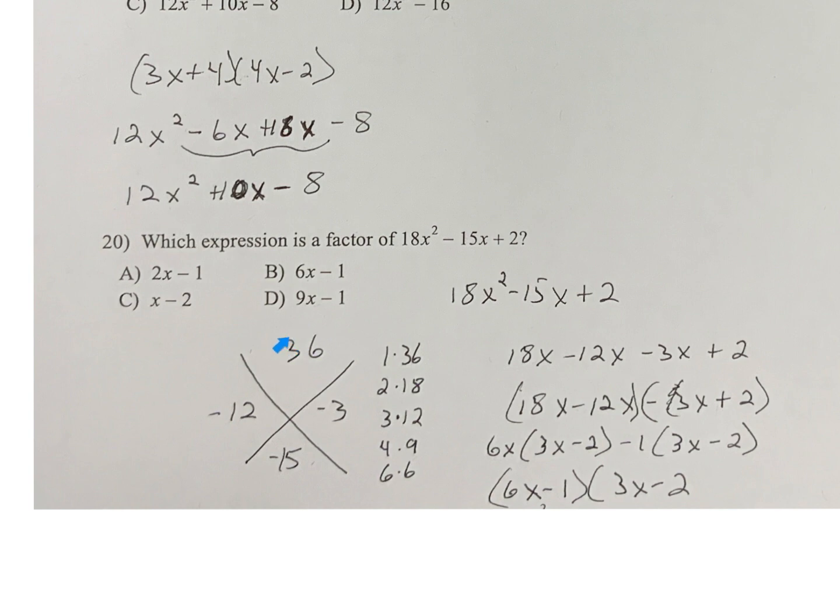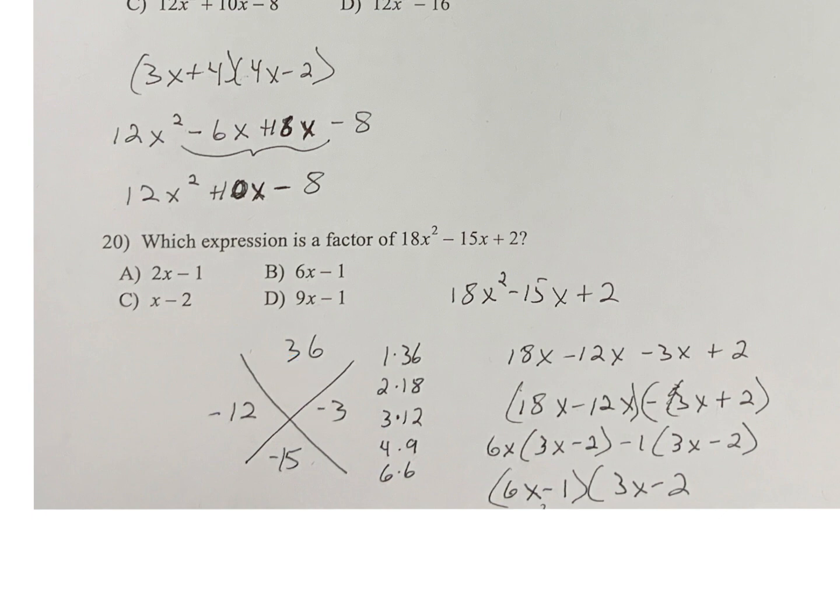So now we're finding the factors of 36 that equal negative 15. Here are the factors, and you'll notice the only ones that can equal 15 would be 12 and 3. We're going to make them both negative because a negative 12 combined with a negative 3 gives us that middle term of negative 15. And when you multiply a negative times a negative, you get the positive, okay?